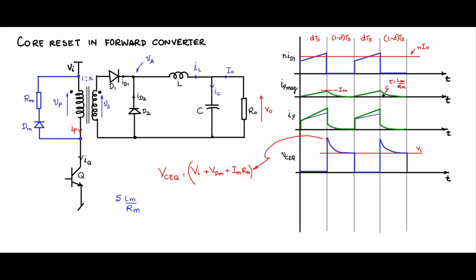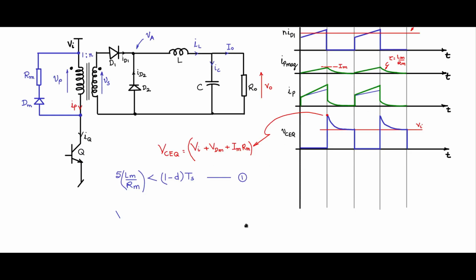If Im, the magnetizing current, comes down to 0, then you can say that the core is reset. So in 5 times the time constant, the core would have reset so that it can take up the next cycle. So this should be less than this time 1 minus d Ts. So before the off time is over, the core should have been reset. So this is one relation.